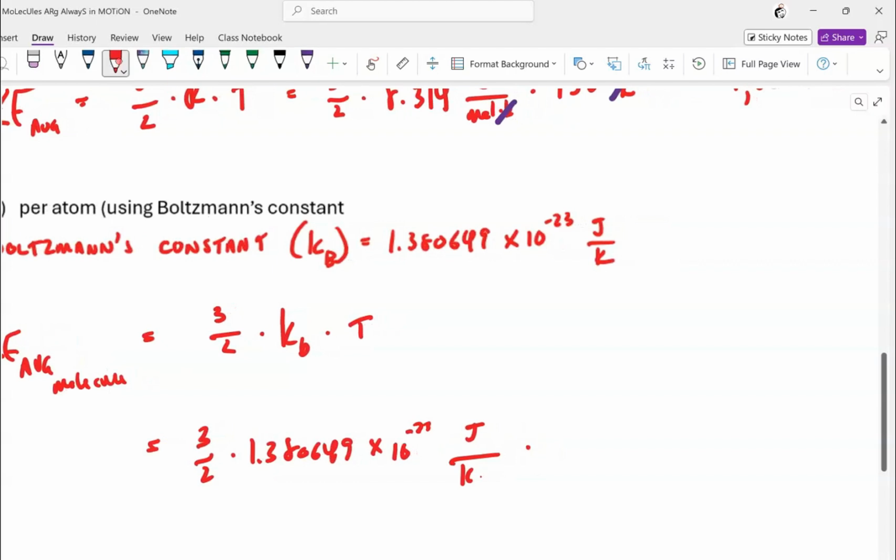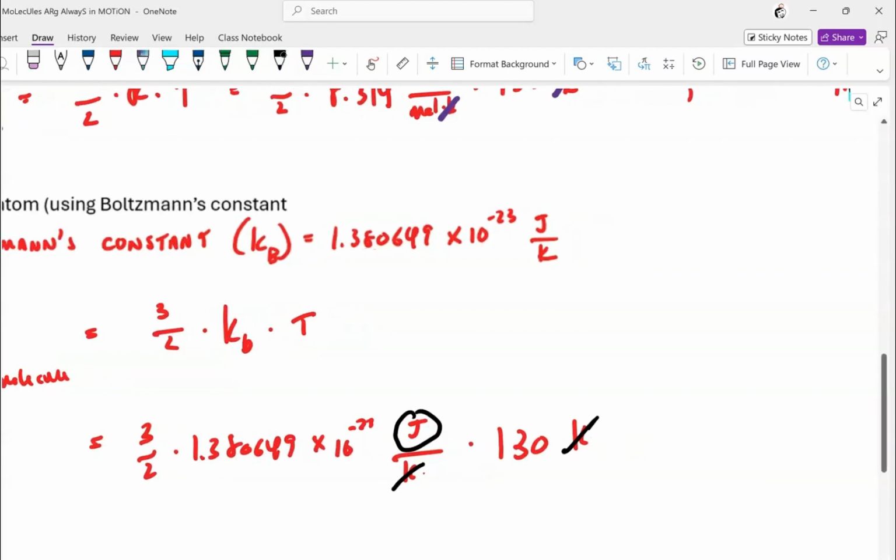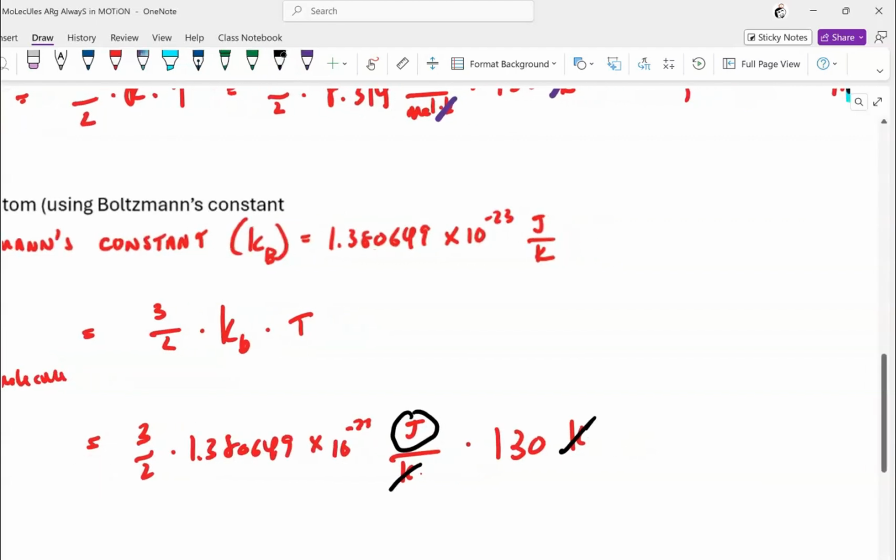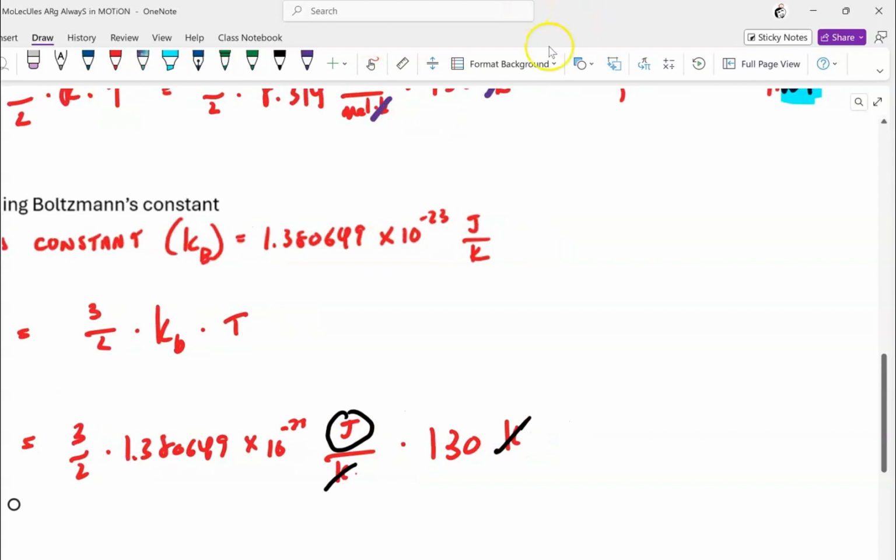And we're going to multiply this by our temperature, 130 kelvins. And when you do this, kelvins cancel and just leaves your answer in joules, because that's how many joules per atom.